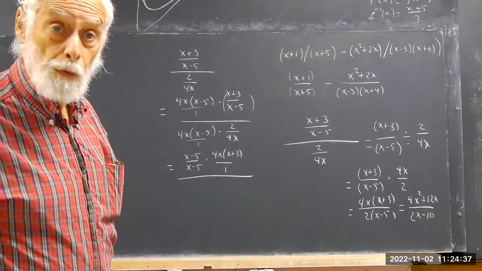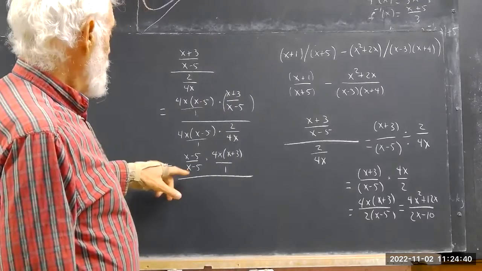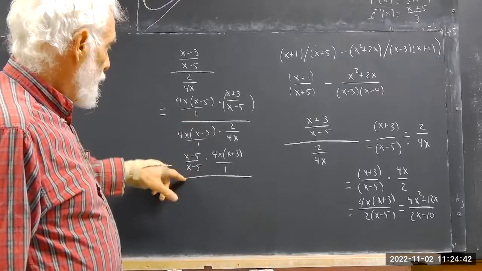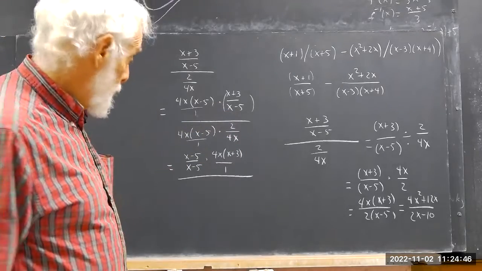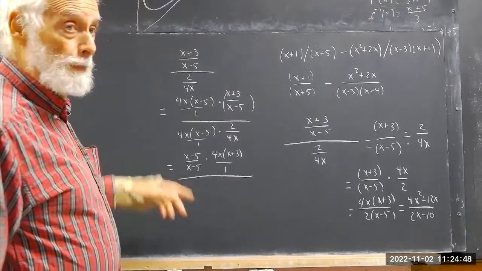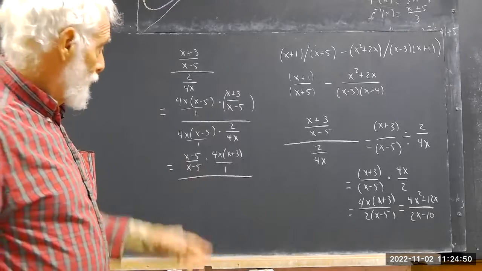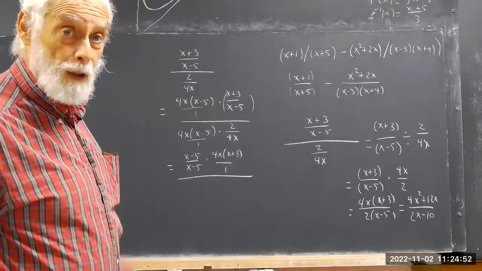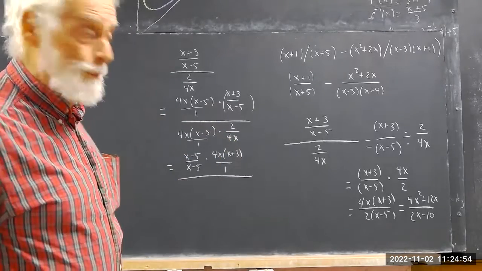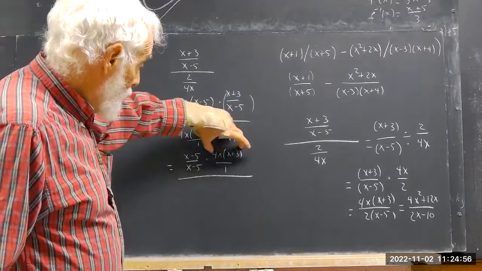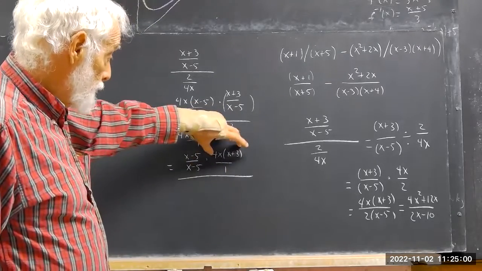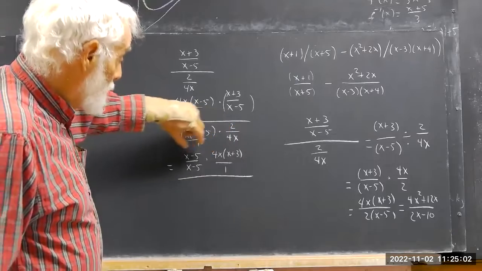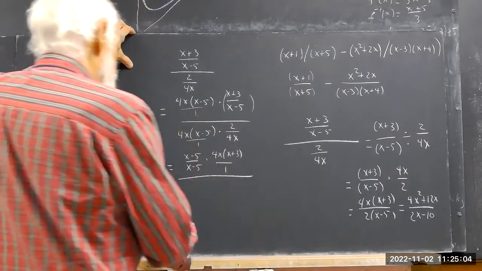They're just going to be in different order. And we put the x minus 5 down here and the 1 over here, but this is still the same factors in the denominator. Since x minus 5 over x minus 5 is 1, this whole thing just becomes 4x times x plus 3. It's just going to be 1 times this over 1. And this over 1 is just going to give you this, and this times 1 just gives you this. So that all works out.